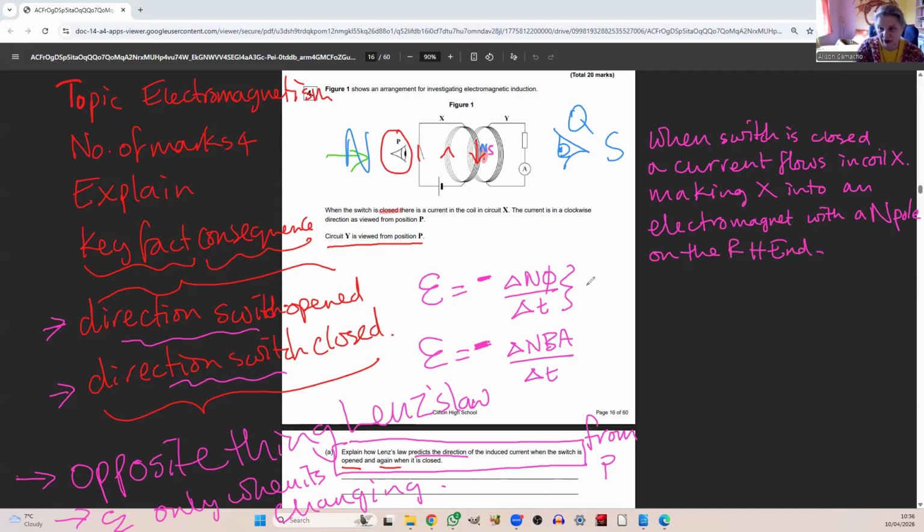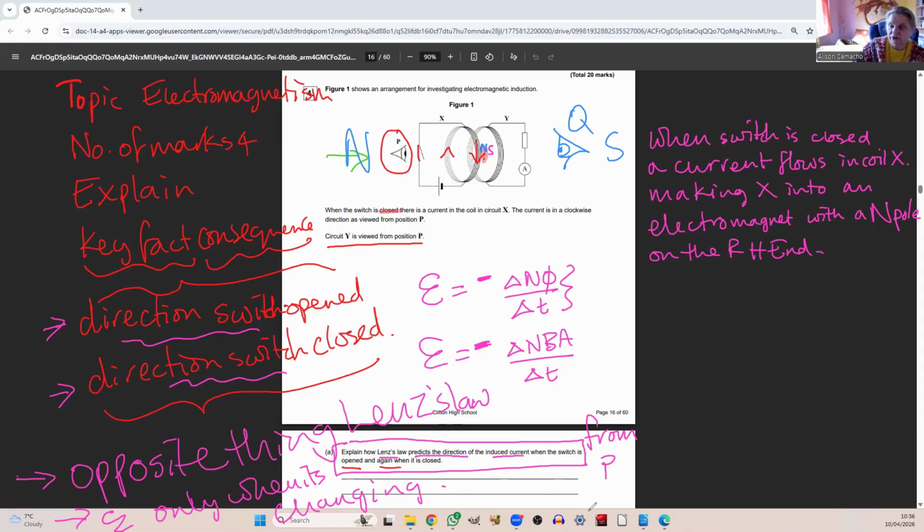You'd write the whole words out, obviously. Now we've made X into an electromagnet. Now we remember that we're not explaining Faraday's law, we're explaining Lenz's law and how it predicts the direction of the induced current in Y.